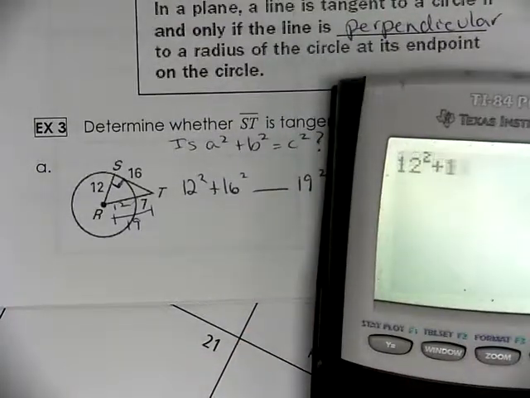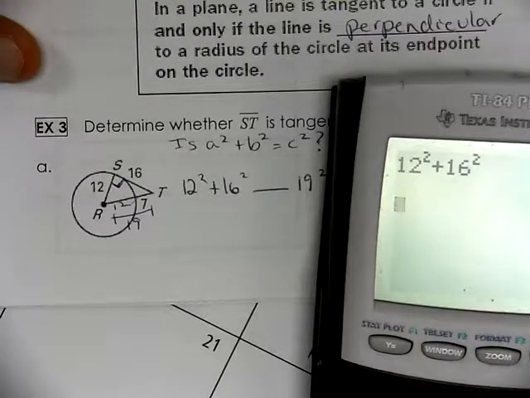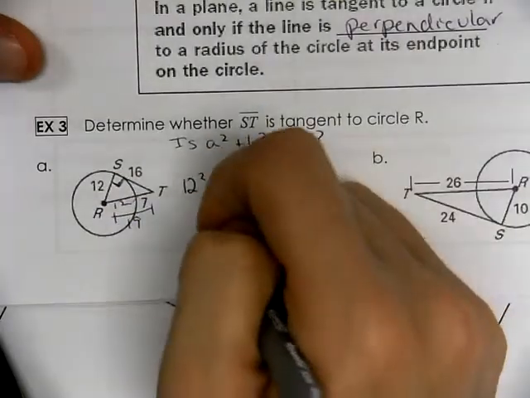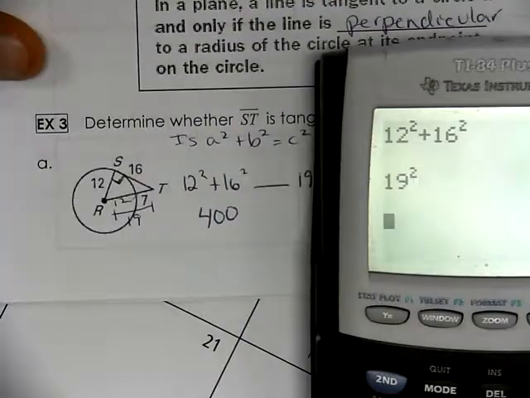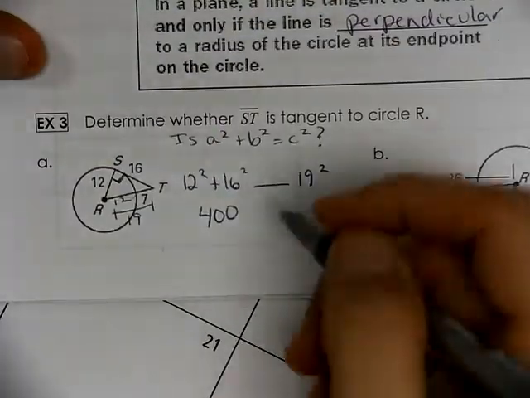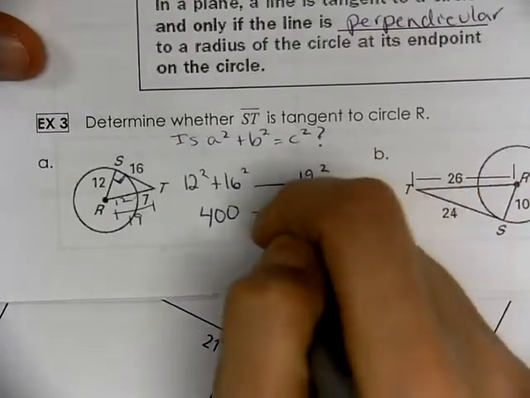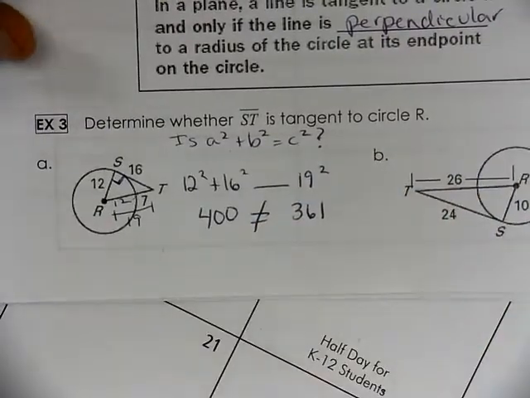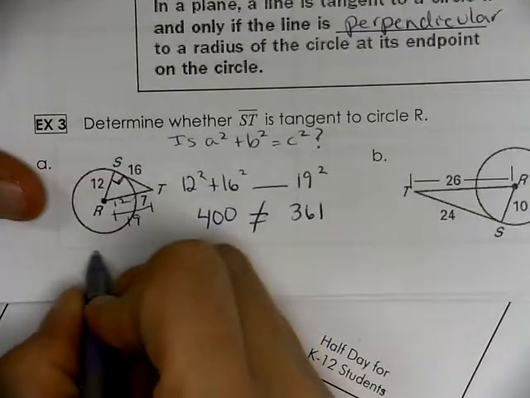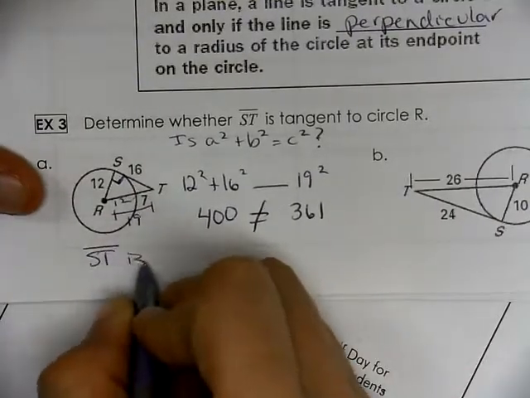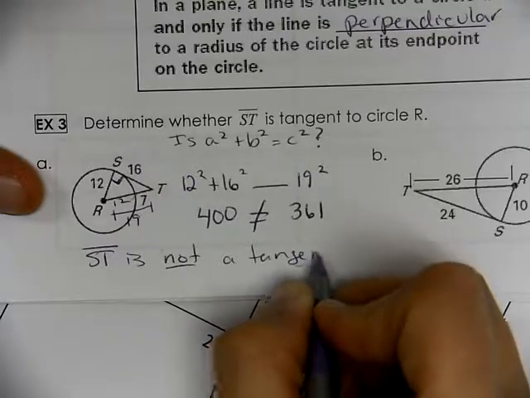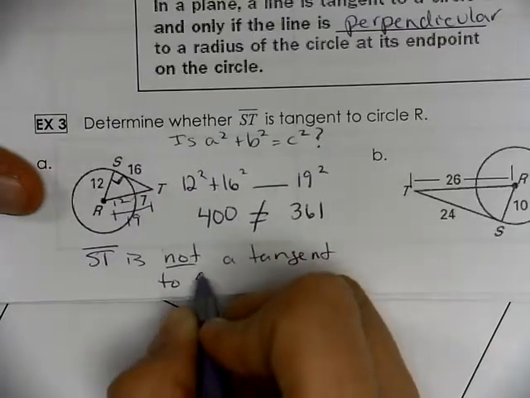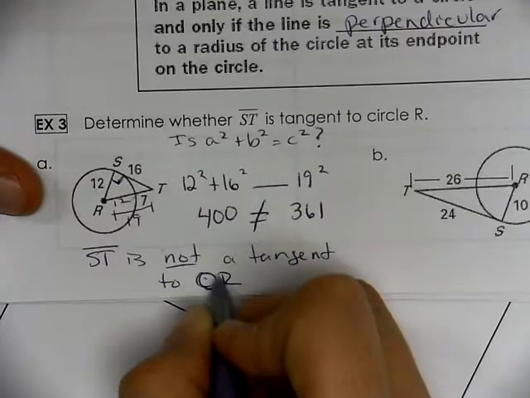So 12 squared plus 16 squared gives me 400. 19 squared is 361. So those are not equal. So ST is not a tangent to circle R.